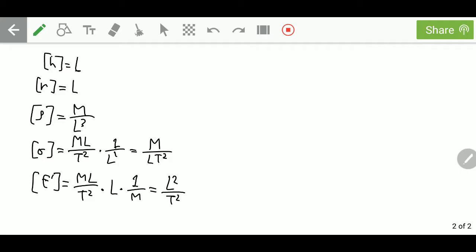And now the question is how to combine these in the right way.